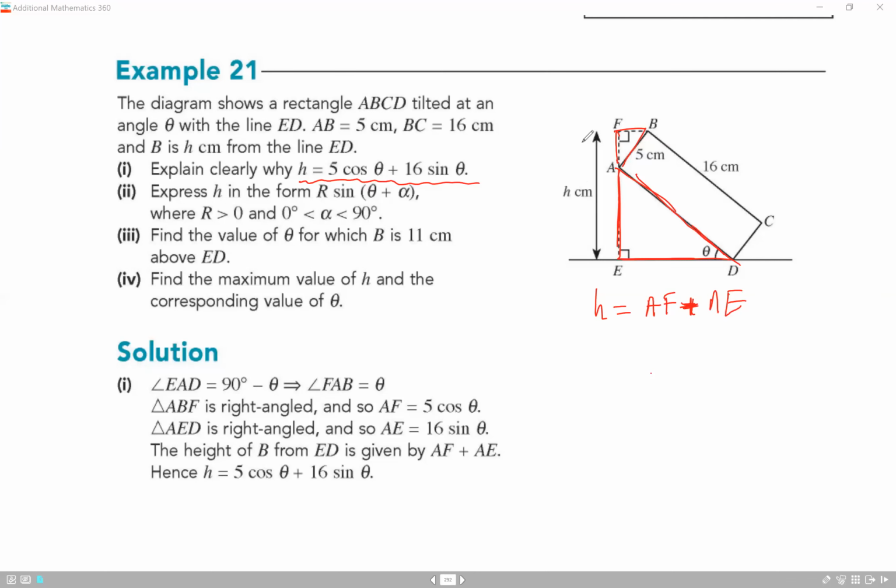Can you see this? This plus this must give me H, correct or not? Okay, assume you understand. So how do I find AF? That is the question, isn't it? So you need to find what this is first. What is this?